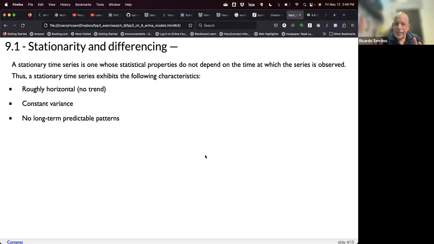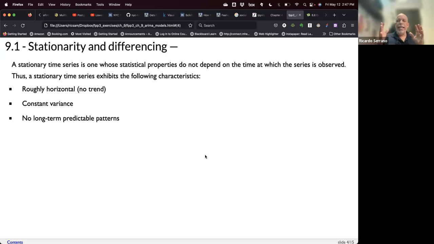I made this clarification because in the first chapters we studied that a time series can have trend, can have seasonality, and can also have cyclical patterns. The cyclical patterns are related to the seasonality, but they don't correspond to the same periods.